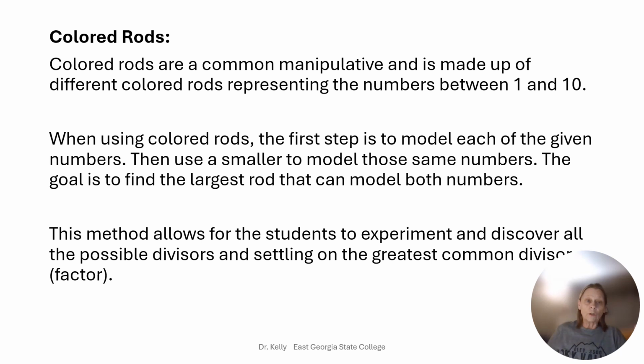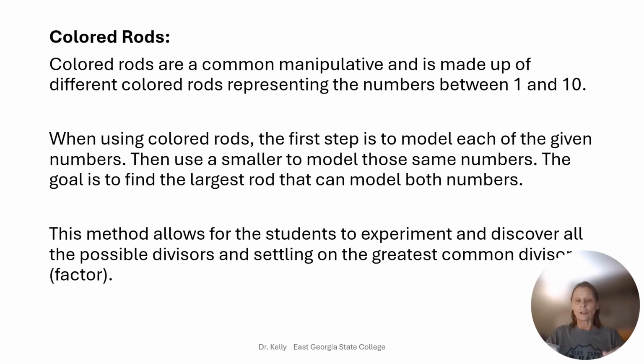Okay, and this makes it really easy to build different numbers and do a lot of things. So when you're using colored rods, the first step is to model each of the given numbers. What they kind of call it with colored rods is the train. So you build a train. First you model each of the given numbers next to each other with some space in between, and then use smaller blocks of the same size to build those numbers as well.